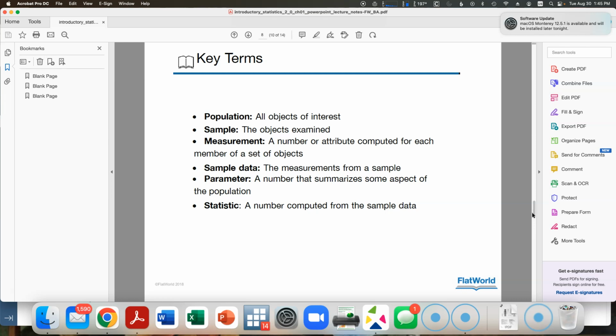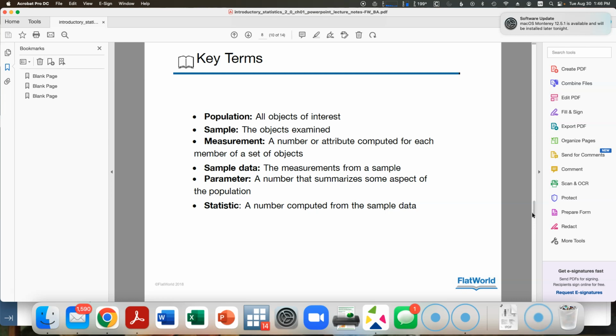The measurement again would be the number that we use. So the number of automobiles, we could say in the United States is 276 million. That 276 would be our measurement. Then our sample data is, we're not going to look at all 276 million vehicles, but rather we would try to take a sample either based on time, state, some sort of limiting characteristic.